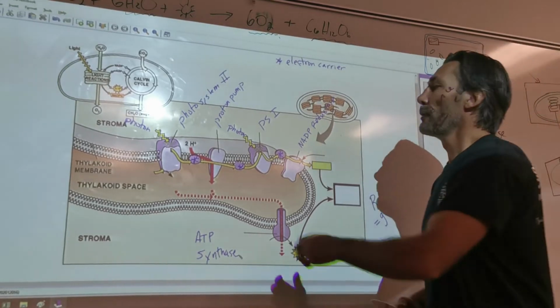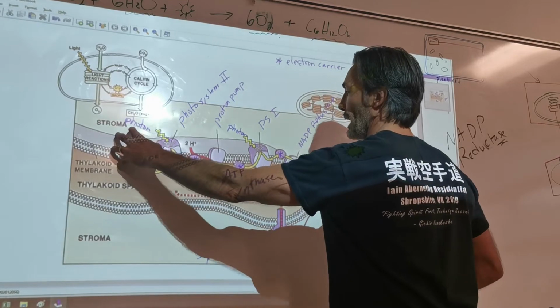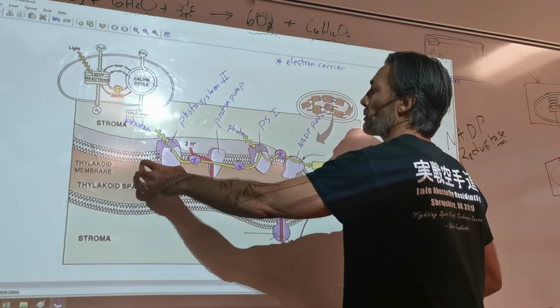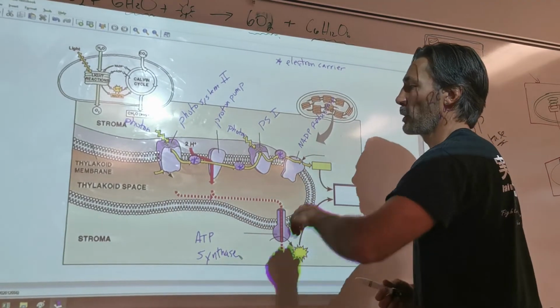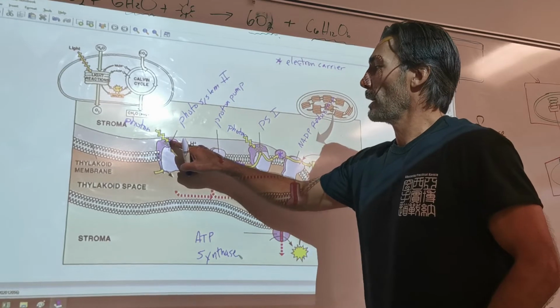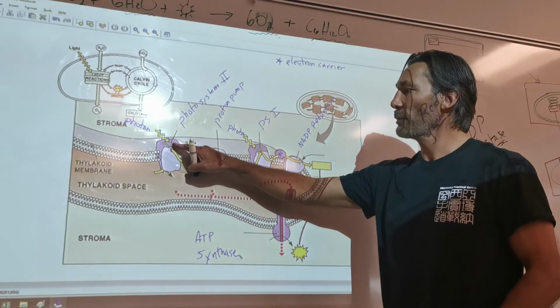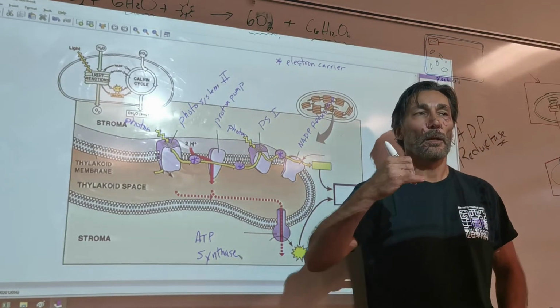So, photons of light. We'll start here at this end of the electron transport chain. Why is it called that? Because it's a pathway, a physical pathway that electrons go through. Okay, so we have a photon hitting photosystem 2, and that's going to excite electrons.